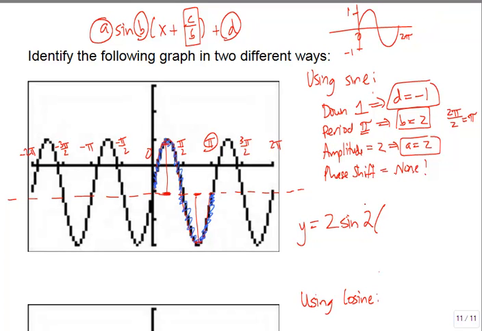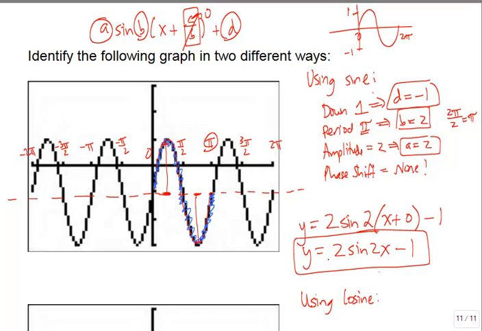There was no phase shift, so this is going to go to 0, so I don't need to add or subtract anything there. And my D was -1. So if you want to clean it up a little bit, this would be just 2 sine 2x minus 1. So there is one equation for this graph.